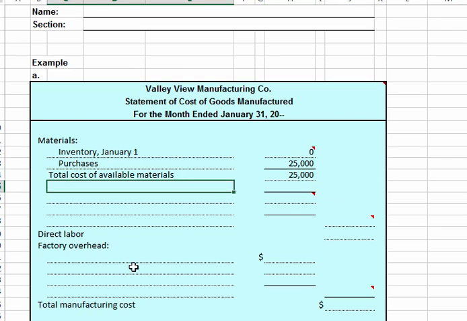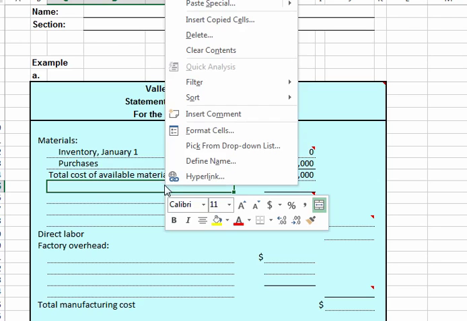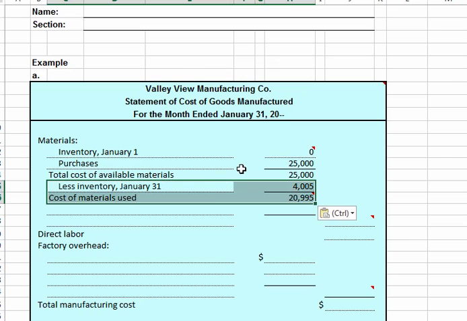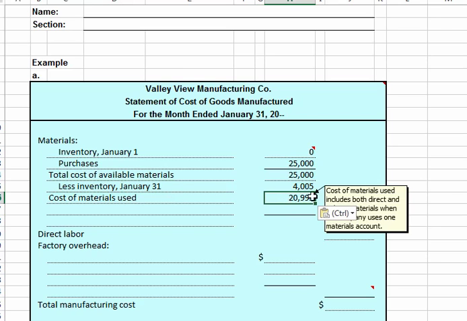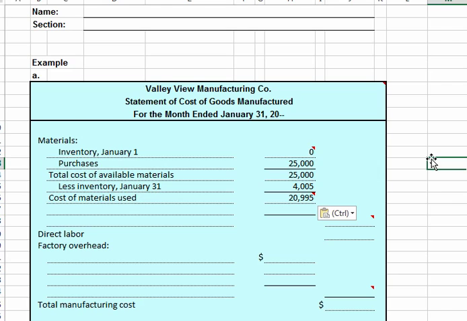Then we want to subtract out the cost of materials left at the end of the period. So less inventory of materials on January 31st, $4,500, leaves us with cost of materials used, $20,995. Again, I'm just making up these numbers. Or some of them I am.